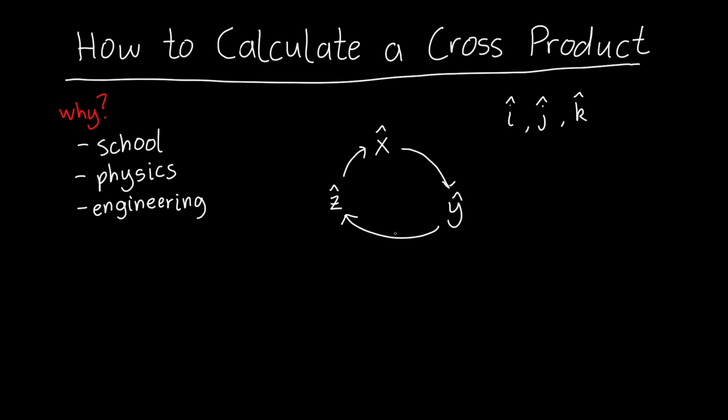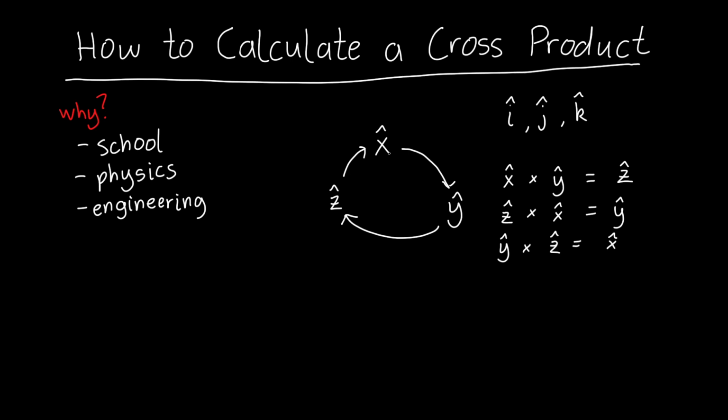So what this picture says is that the x hat unit vector crossed with the y hat unit vector is equal to z hat. And similarly, z hat crossed with the x hat unit vector is equal to the y hat unit vector. And just for effect, y hat crossed with z hat is equal to x hat.